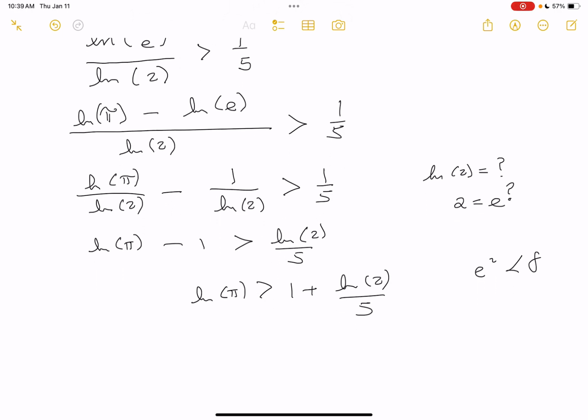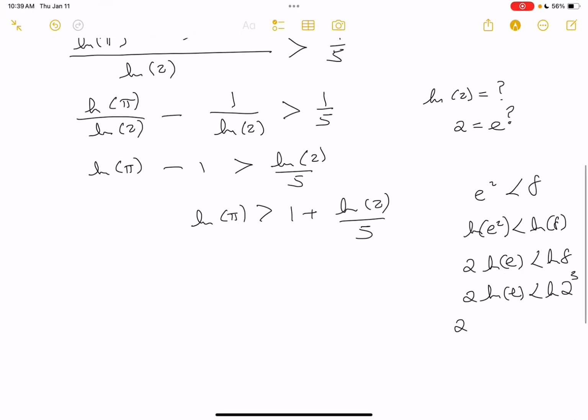So I could probably write down the natural log of e squared is less than the natural log of 8. All right? And then I could write down 2 natural log of e is less than the natural log of 8. And then, the 8 I could write as a power of 2, right? So I get 2 ln e less than ln, that would be 2 cubed, right?